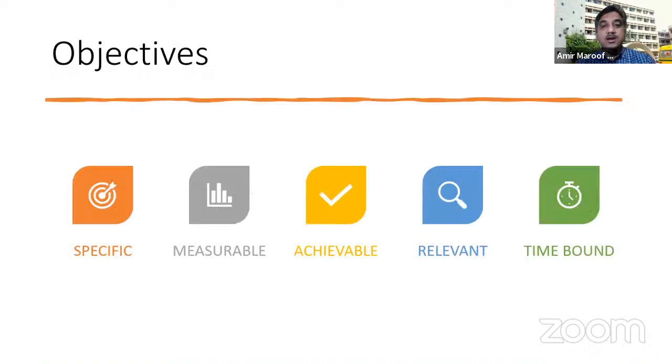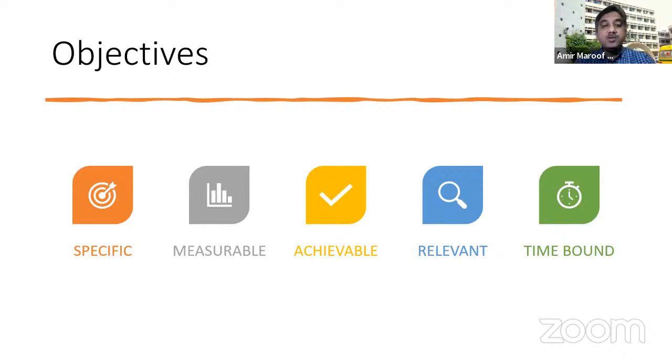Aim leads us to objectives, and objectives have these SMART criteria: specific, measurable, achievable, relevant, time bound. Mainly the main criteria are measurable and feasible. Whether you'll be able to do it or not, whether it is important or not, and whether you can measure it or not. If something you want to measure, in the objective you have to decide how you will measure it, and whether you'll be able to measure it.